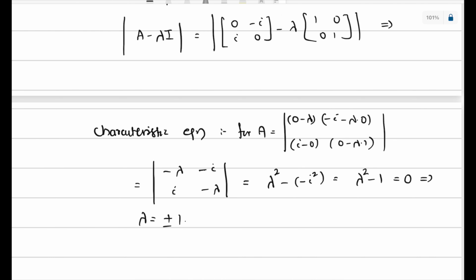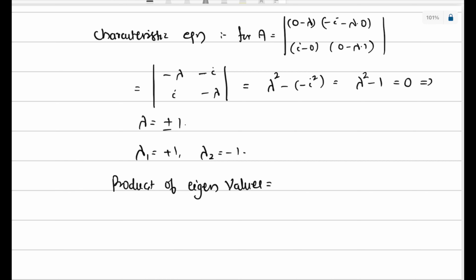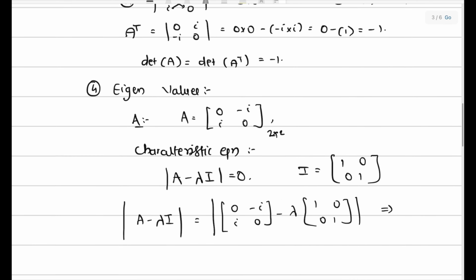The eigenvalues: lambda 1, the first eigenvalue, is plus 1 and the second eigenvalue is equal to minus 1. Then what is the product of eigenvalues? The product of eigenvalues, it is very, very important, is equal to plus 1 into minus 1, that is equal to minus 1. What is minus 1?